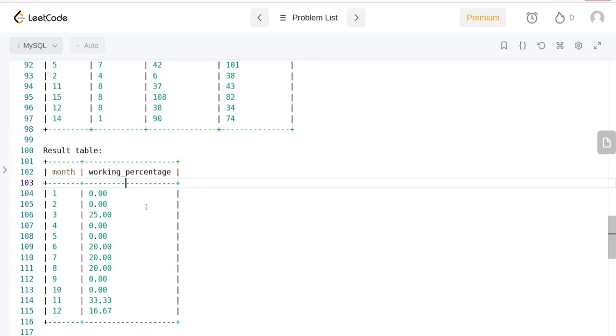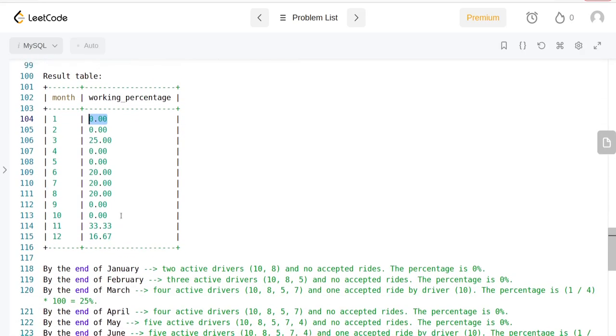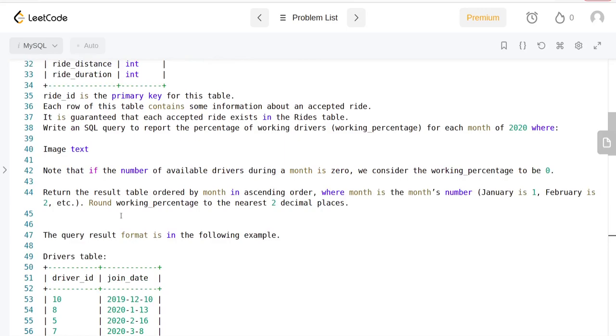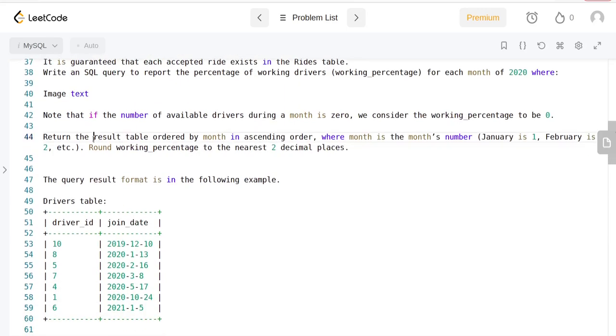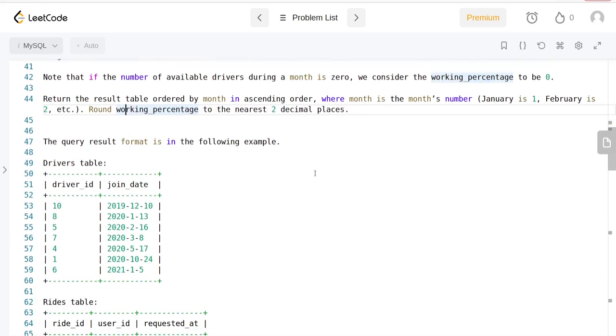But if the total number of accepted rides is 0, or the total number of drivers in the company so far is 0, we're going to say the working percentage is 0. The result should be in ascending order, and we round the working percentage to the nearest two decimal places.